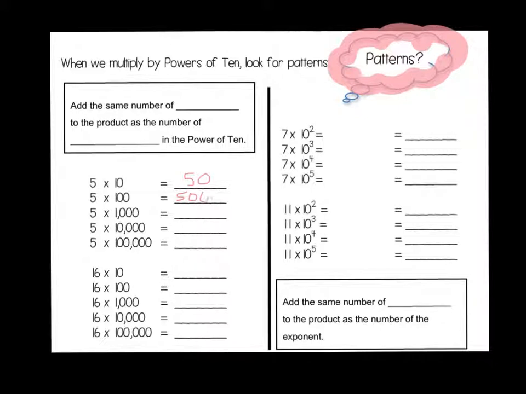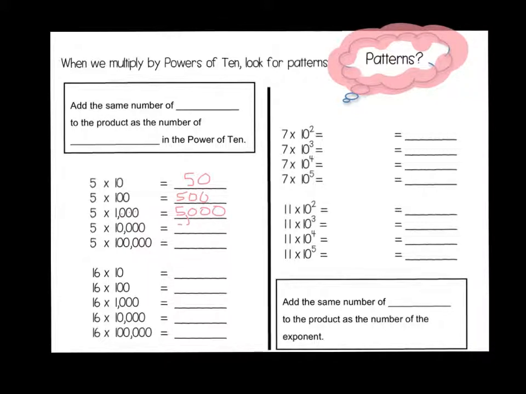And if you notice, there are two zeros in my product, and there are also two zeros in my power of 10. Well, that pattern is going to continue. So if I were to take 5 times 1,000, I would have the 5, and then I would count 1, 2, 3 zeros, and then add in my commas.